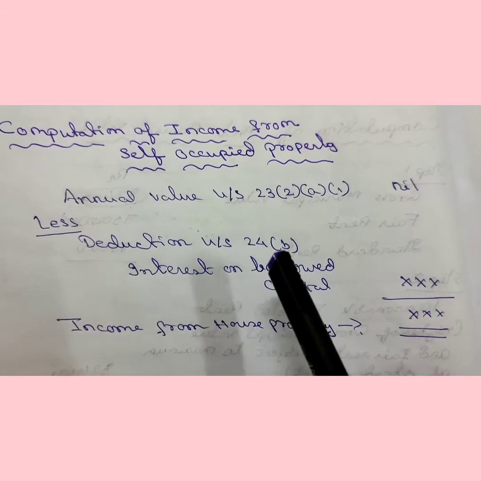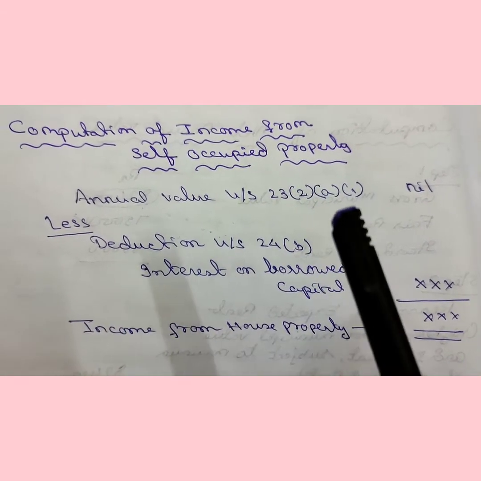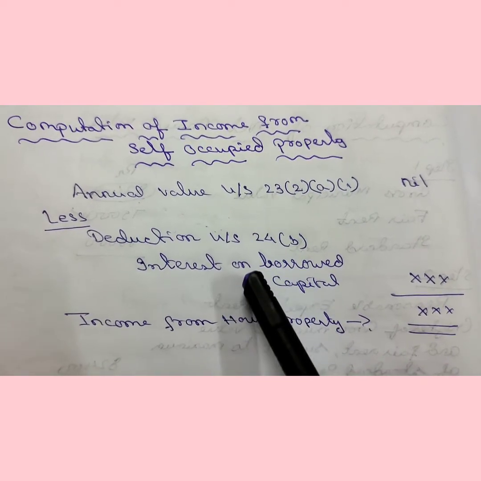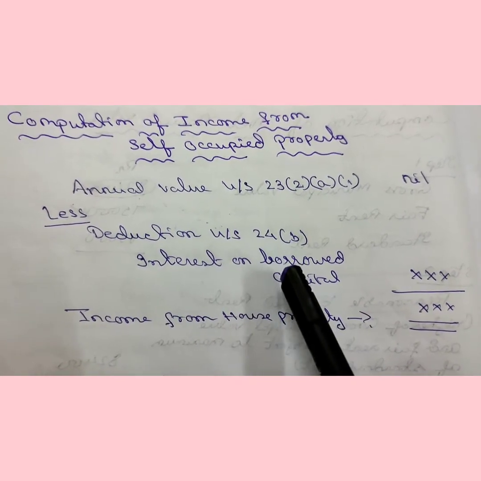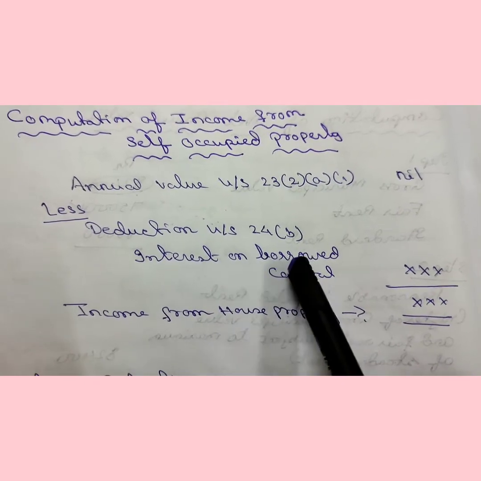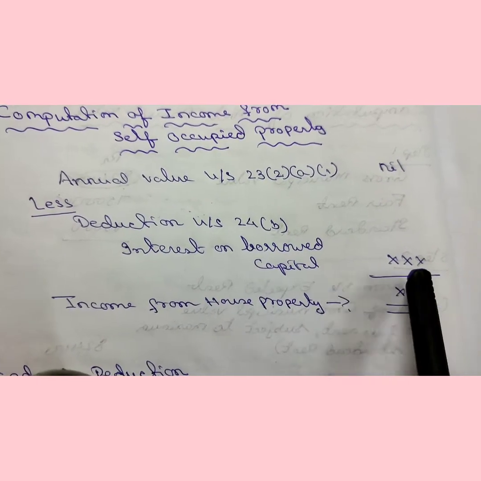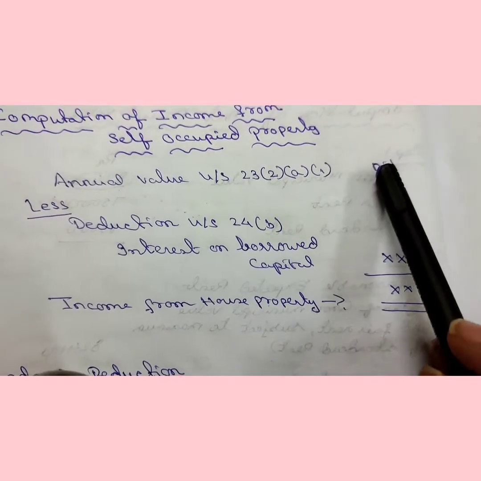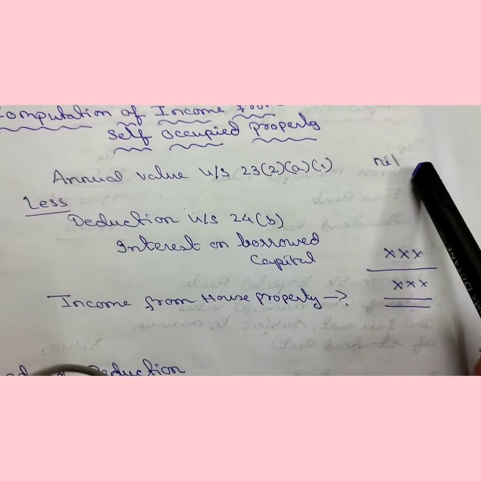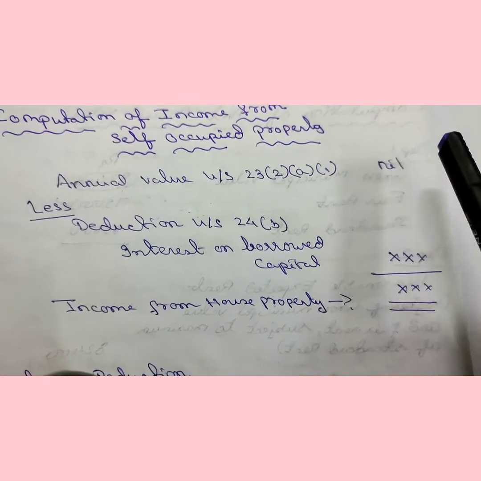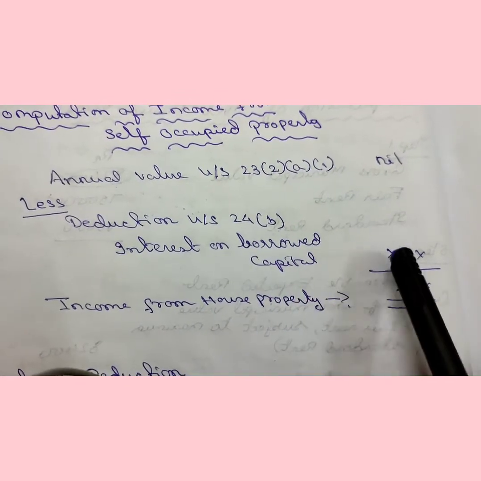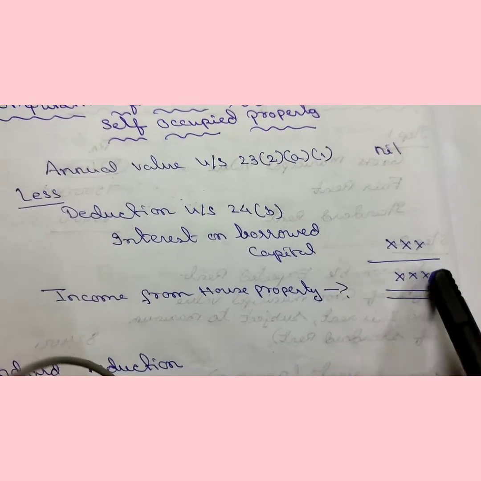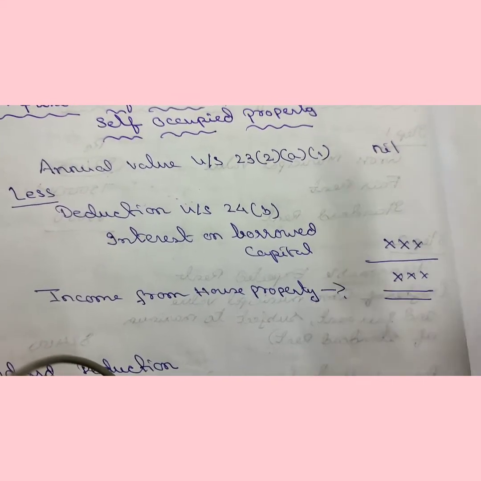Standard deduction is only allowed for let out house. But in case of self-occupied property, there is no question of standard deduction. Only interest on borrowed capital will get deduction from the annual value. Obviously, অগর annual value nil মানে zero, if annual value is nil and there is any interest on loan, then the amount will be a negative figure.